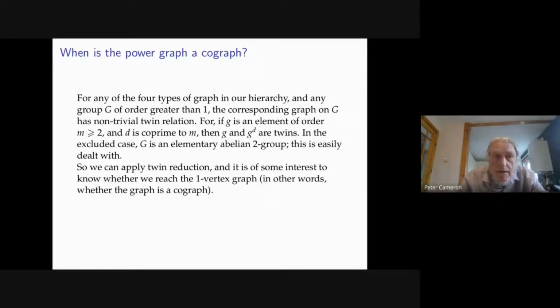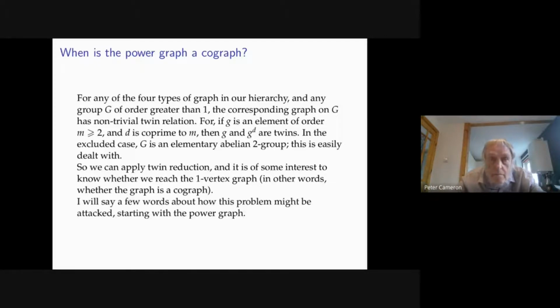And so it's of some interest to know when that happens, because if it doesn't happen, then the co-kernel probably has interesting information about the original graph in it. But if you get right down to the one vertex graph, the only thing you've learned is that the original graph was a cograph.